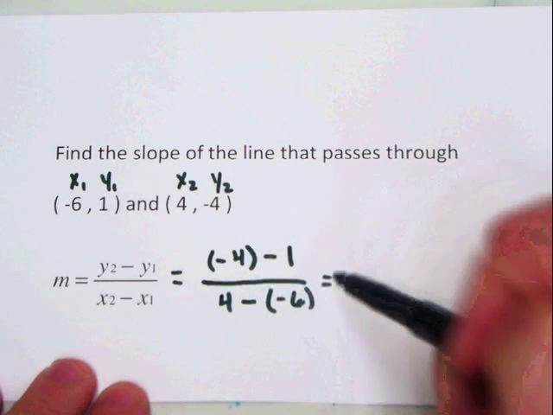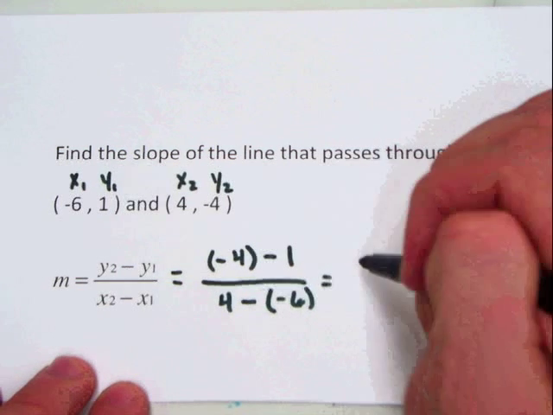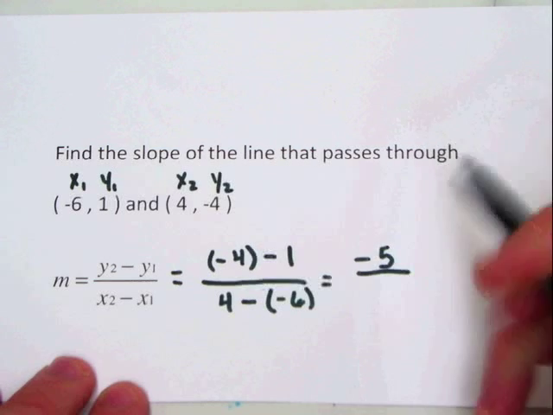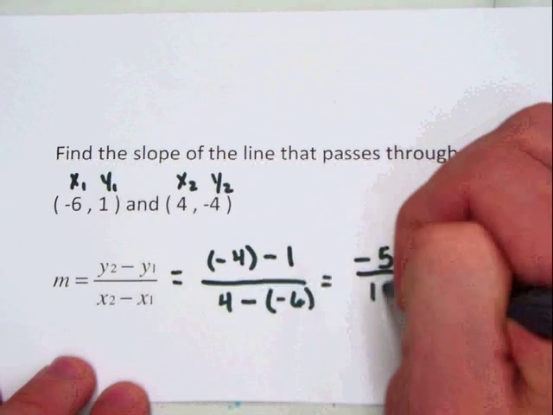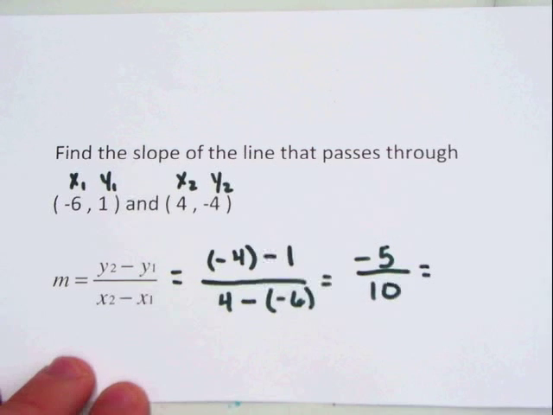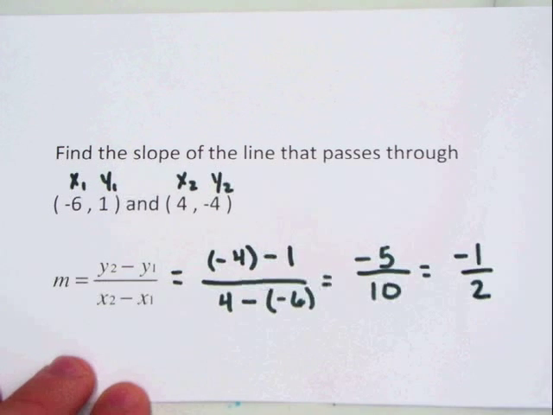And now I've just got some adding or subtracting to do. Negative 4 minus 1 is negative 5. 4 minus a negative 6 is a positive 10. And if I reduce that fraction, negative 5 over 10, I get negative 1 over 2. So the slope of the line passing through those 2 points is negative 1/2.